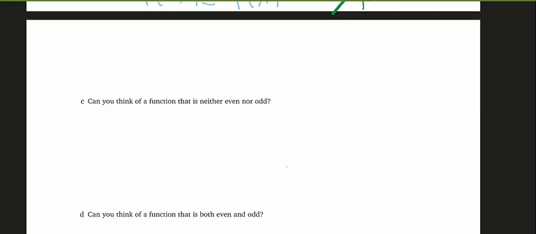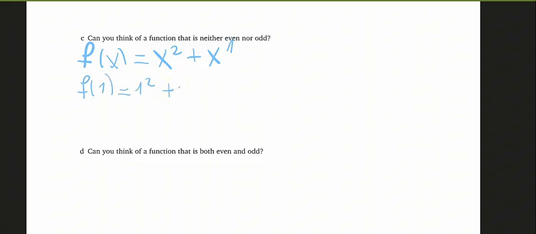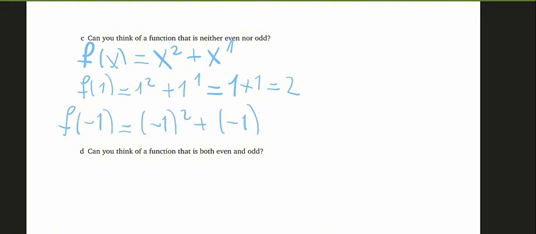Okay. Can we think of a function that is neither even nor odd? Yes. f of x, let's take a hodgepodge of an even power and an odd power, like this. Take f of 1, and what do you get? 1 squared plus 1 to the power of 1. 1 to the power of anything is going to stay 1, so it's 1 plus 1, and that is 2. What is f of negative 1? It's going to be negative 1 squared plus negative 1, and that's going to amount to what? 1 minus 1, which is 0.